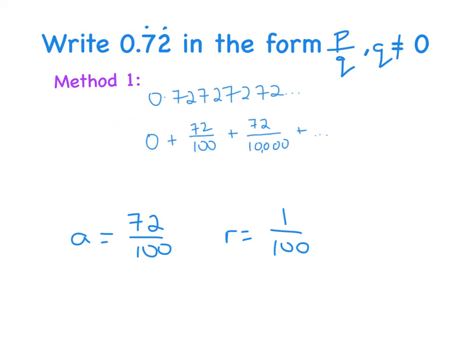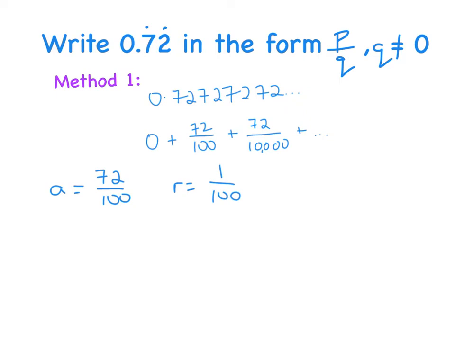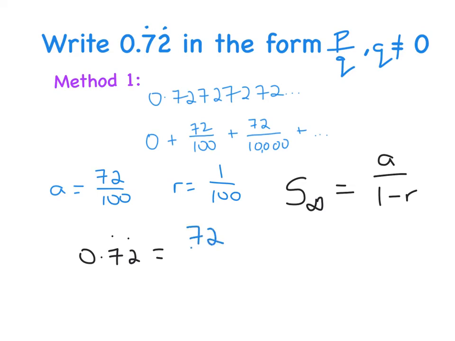And so I have my formula, S infinity is equal to A over 1 minus R. Putting into our formula, 0.72 recurring is going to be equal to 72 over 100 all over 1 minus 1 over 100.